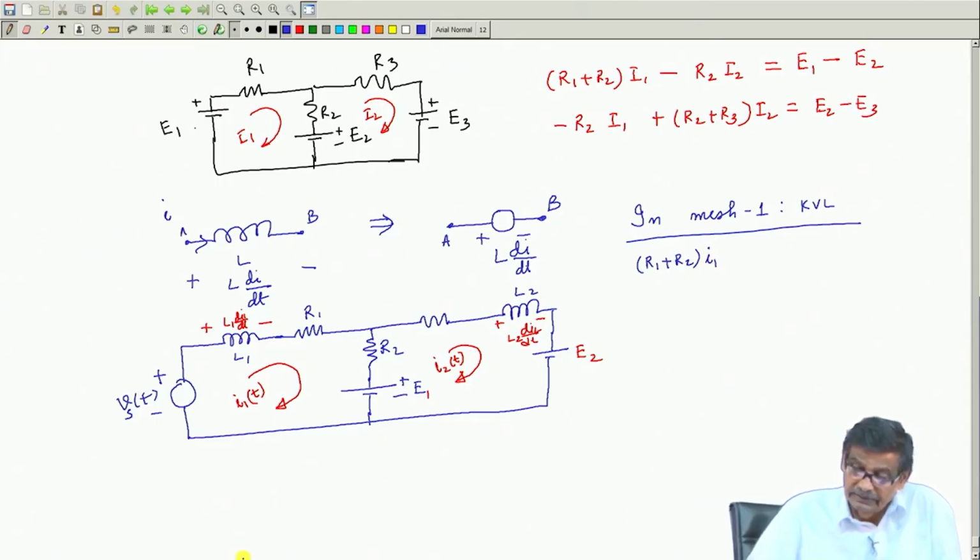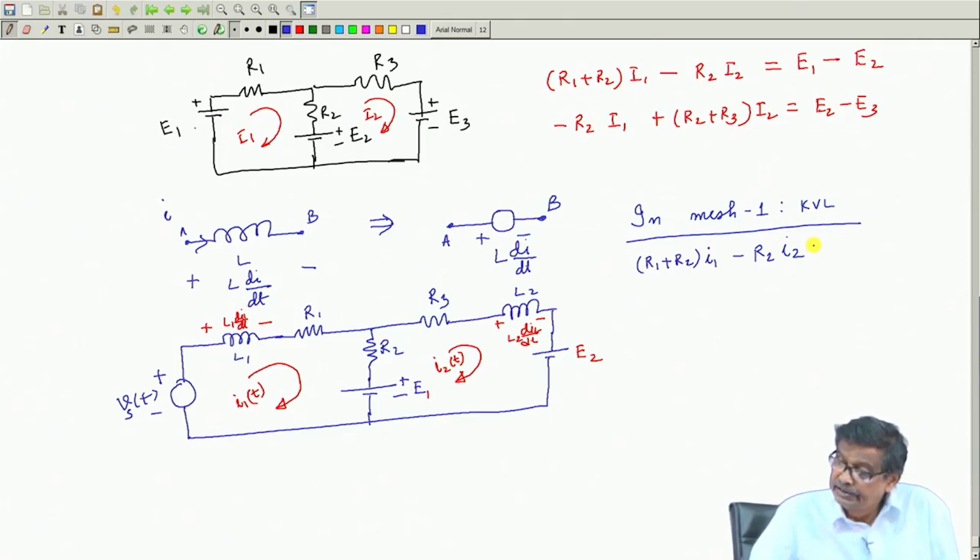Do not add R1 plus R2 plus L1, then you will be making a mistake, because the voltage drop across the inductance is L1 di1/dt, not i1. With resistance this is what we have learned, so this will be the coefficient of i1. The coefficient of i2 will be minus R2 into i2.